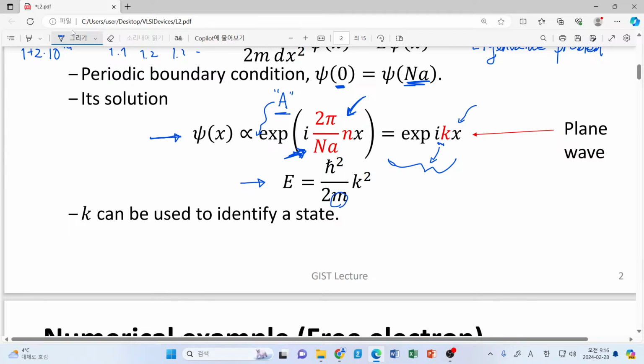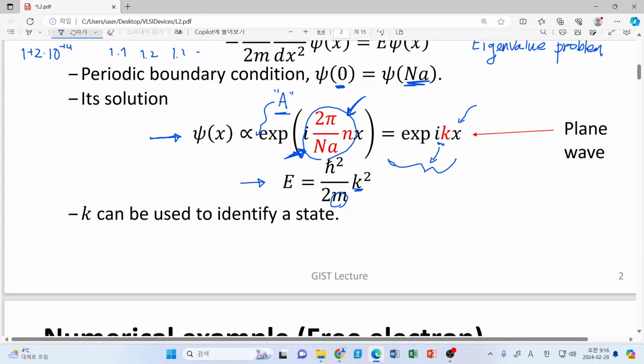Here m is mass, and k is given by this number, an integer multiple of 2 pi over our length scale. Since this length scale is quite a large number, usually if we have a small index number 1, 2, 3, then k will be quite small. So you can easily understand this one.